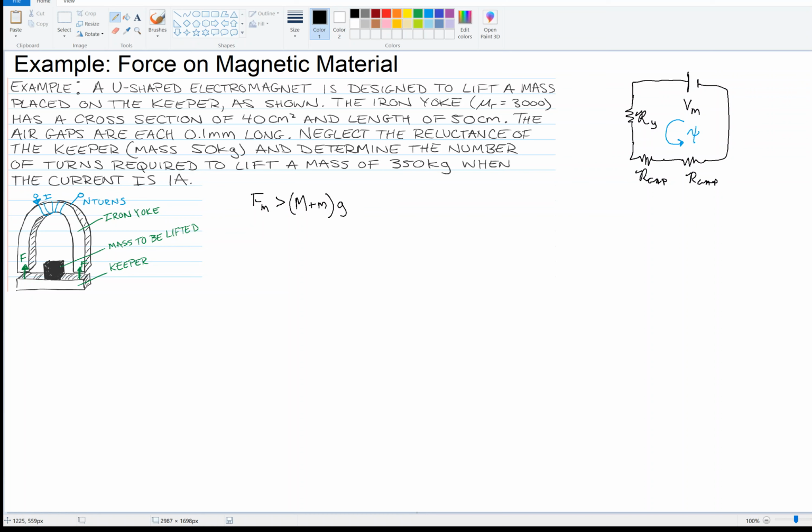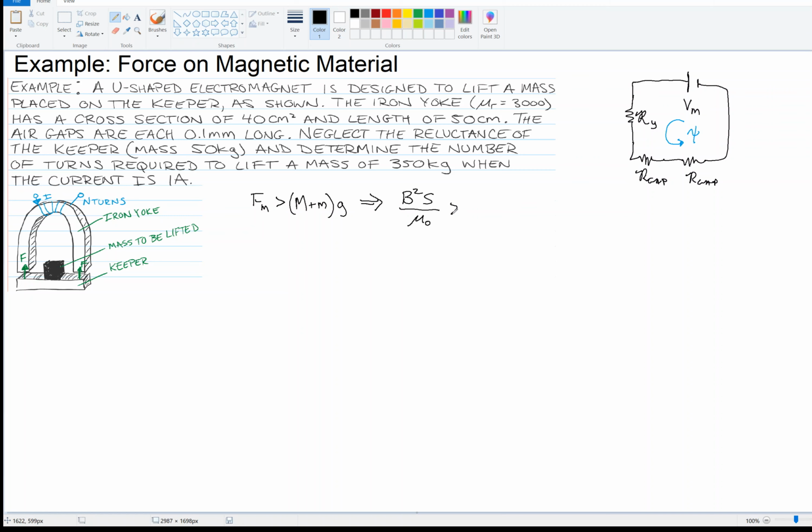So that's Newton's law there. In a previous lecture video, we showed that each one of these little forces is 1/2 B squared S over mu 0. And so each one of them is 1/2, and together they make B squared S over mu 0. So I'll write that down: B squared S over mu 0, like that.